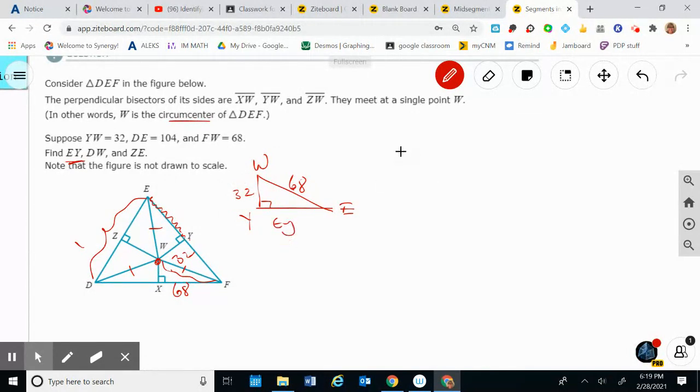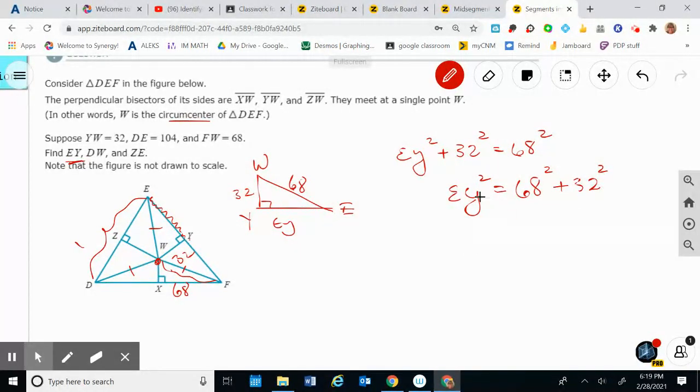So again, you can use your calculator. EY squared plus 32 squared is equal to 68 squared. Then subtract the 32 squared. I'm going to show you how you would do it in an advanced math way. You don't actually key it into your calculator yet.